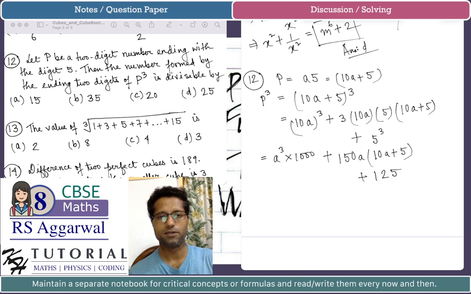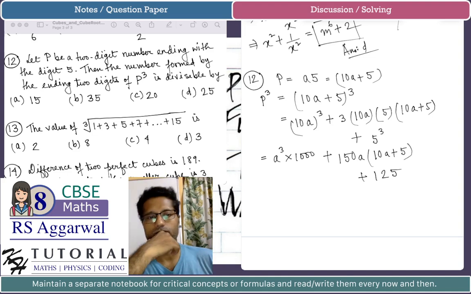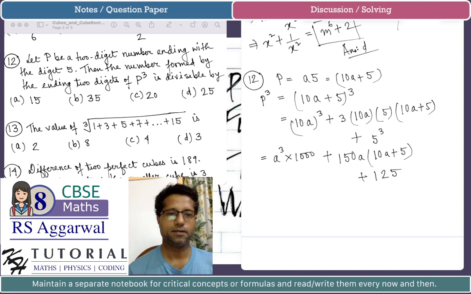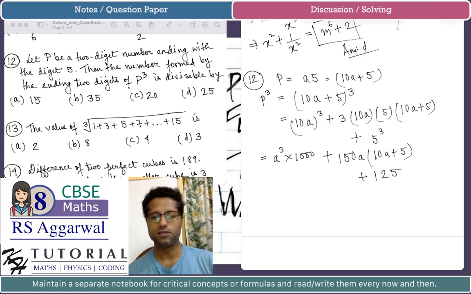We have to select the choice that divides the number formed by the two ending digits of P cube. The choices are 15, 35, 20 and 25. Now what can the two ending digits of P cube be? That we have to find.